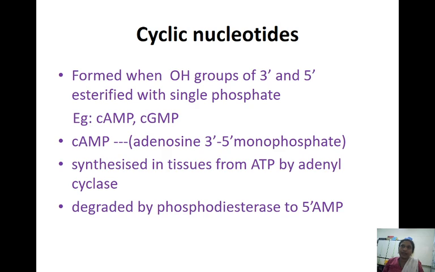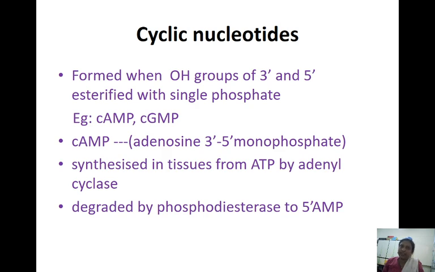Cyclic nucleotides are formed when the OH groups of both 3' and 5' are esterified with a single phosphate. That results in the formation of cyclic nucleotides. Examples are cyclic AMP, cAMP, and cyclic GMP, that is cGMP.